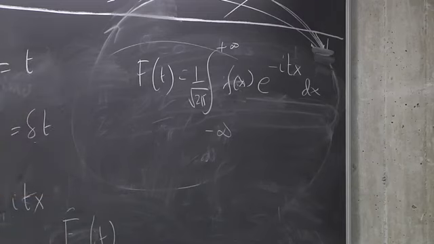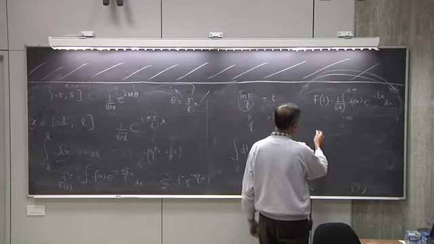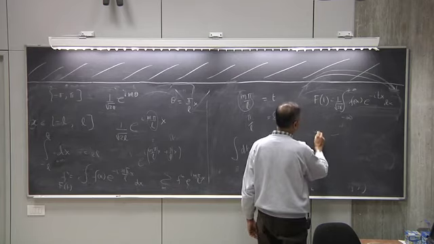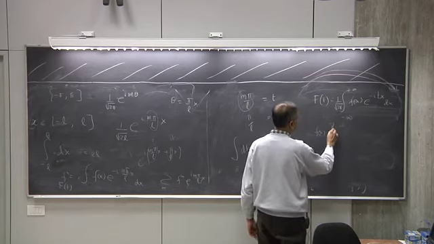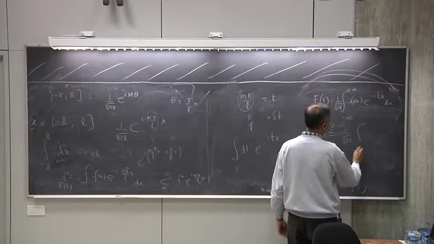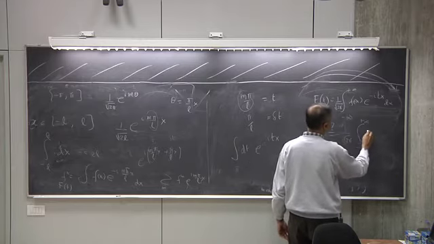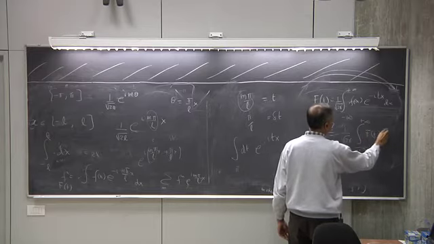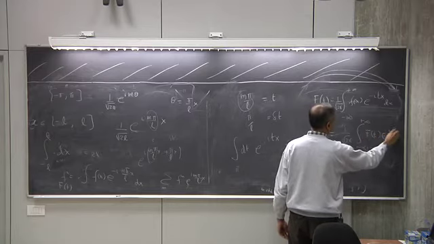And the inverse Fourier transform would be f of x, and here is a question mark whether that is what it is. It's 1 over root 2 pi, integral from minus infinity to plus infinity of F of t e to the i t x dt.